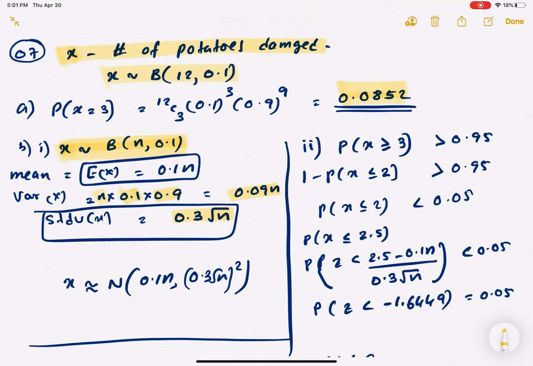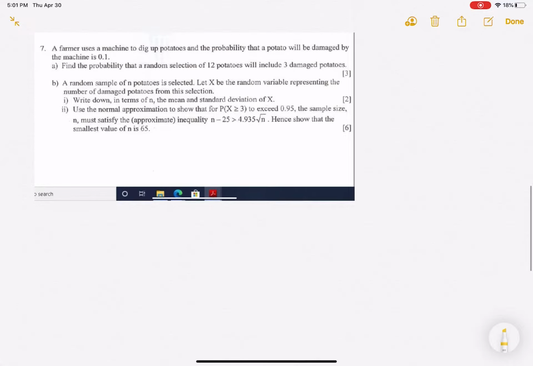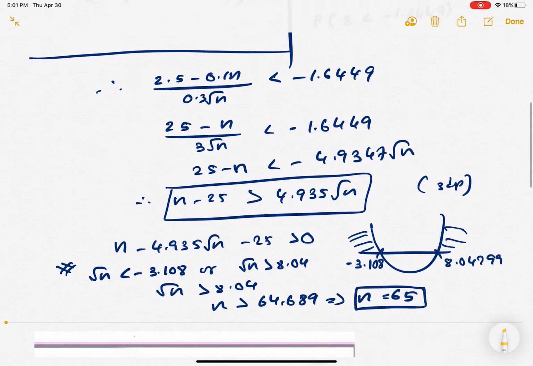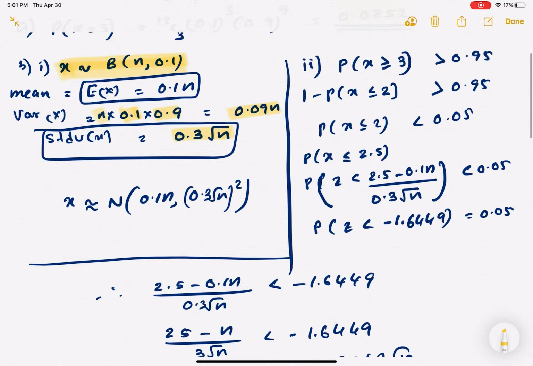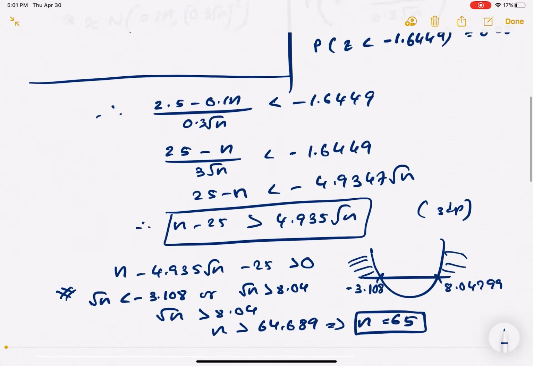So they say in the question use the normal approximation. So when you approximate for a normal, the expected value of the binomial distribution becomes the mean mu, and the variance becomes sigma squared. Since my sigma is 0.3 root n, my sigma squared shall be the square of 0.3 root n. Right. Now what do they ask in the question?